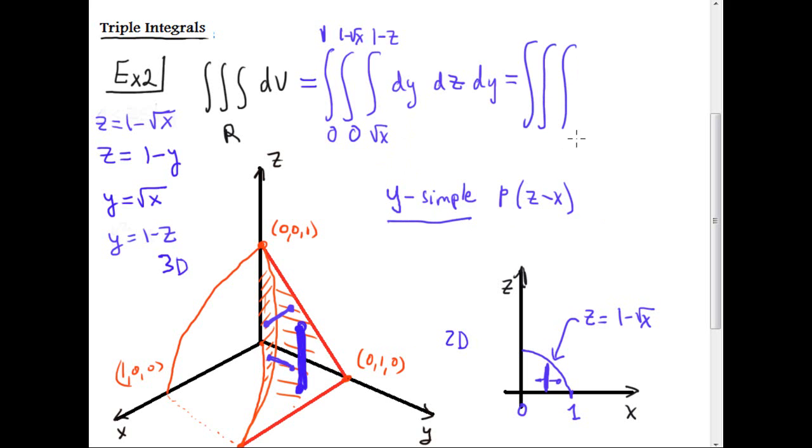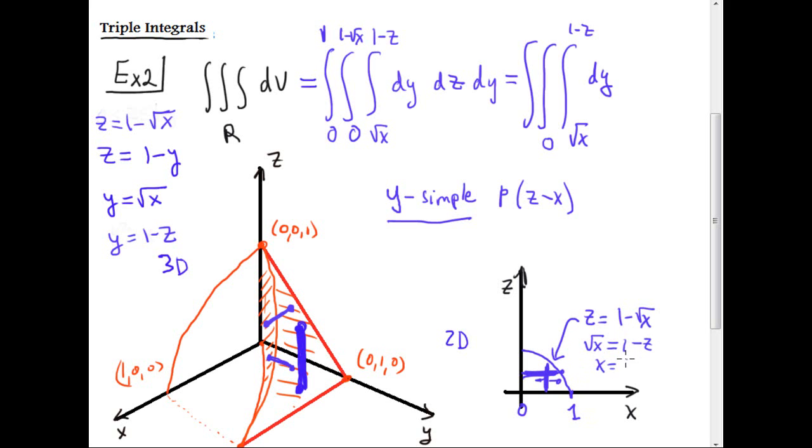The y simple direction is from radical x to 1 minus z dy, but you change here. Now your integration is, suppose this direction, from 0 to this in direction x. The direction x is, let me see, from 0 to the x value. I move radical x, and you put 1 minus z, and square both sides.